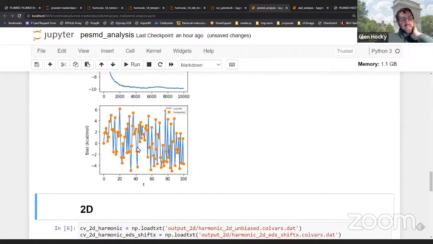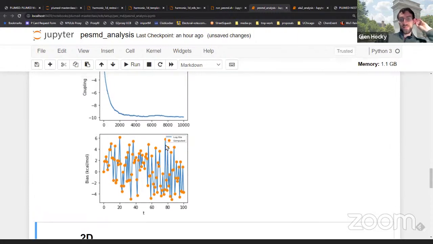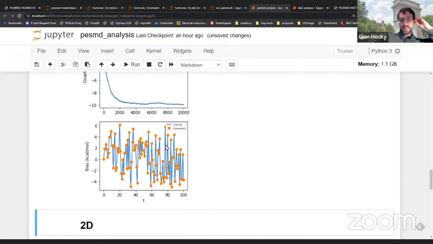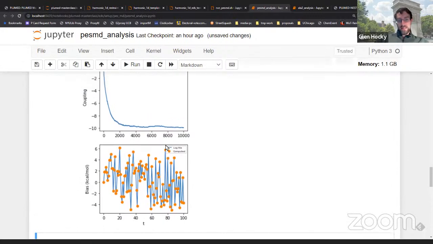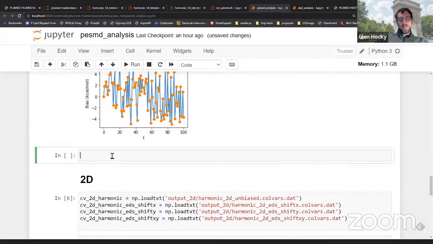And then in this other plot, what I did is I wanted to show we understand what the actual bias being applied is. And so it turns out that the bias that's in the bias column is actually like lambda times (x minus x target).